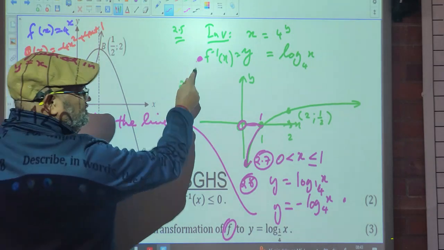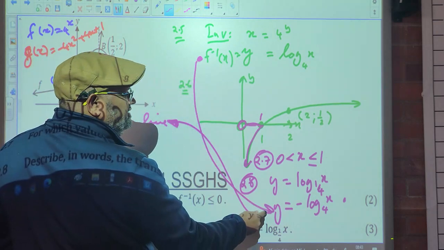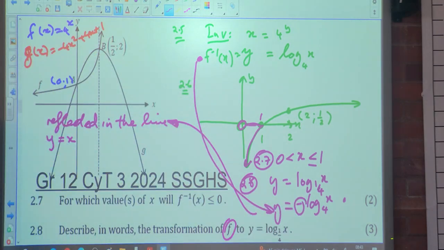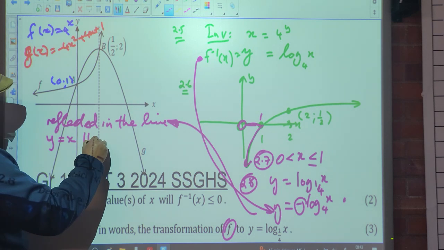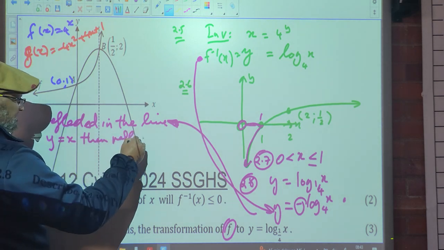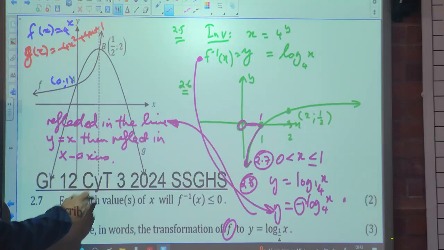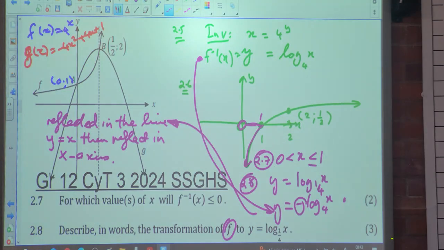Then what do you notice from there to there? Negative on the function, on y. And when do we put the negative in front of y? There we go. Then reflect in the x-axis.